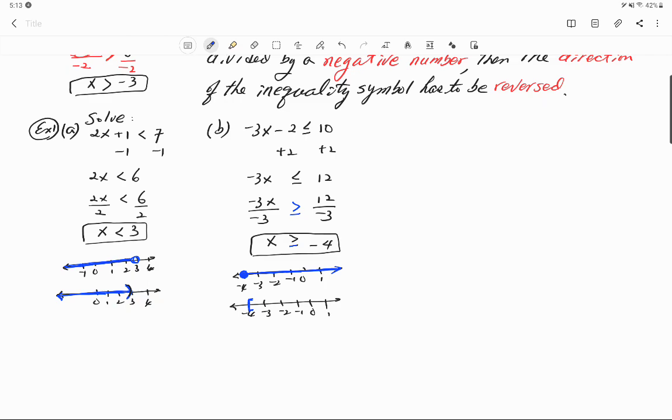So use a bracket and then open it towards the right, because x is greater than negative 4. We use the bracket because there's an equal sign, right? Equal sign means negative 4 is included. A parenthesis means the number is not included. For the letter B, negative 4 is included, so use a bracket.